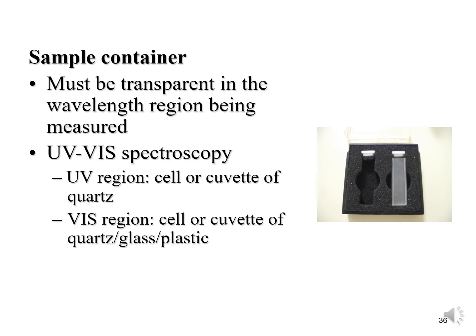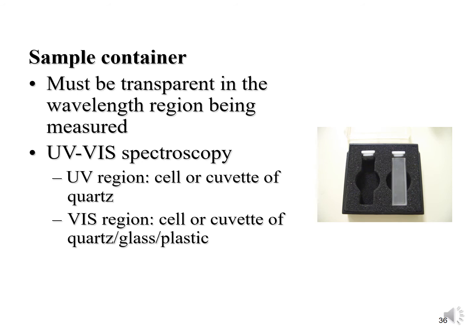So the sample container must be transparent, as you all know, must be transparent in the wavelength region being measured. So in this case, we have different kinds of sample container. For the UV region, we always use a cell or cuvette of quartz.